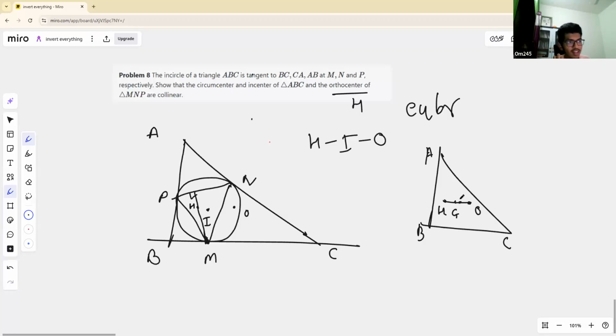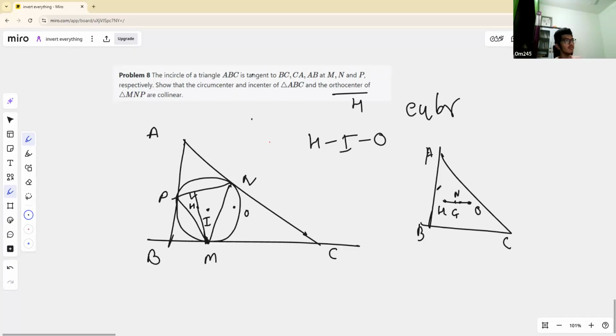And one more nice fact is the nine point circle, the circle passing through midpoints and feet of altitudes, with center N. These four points are collinear. If you don't know, these are very nice things to prove and very nice practice for angle chasing.